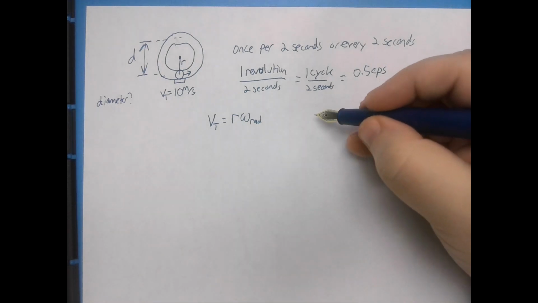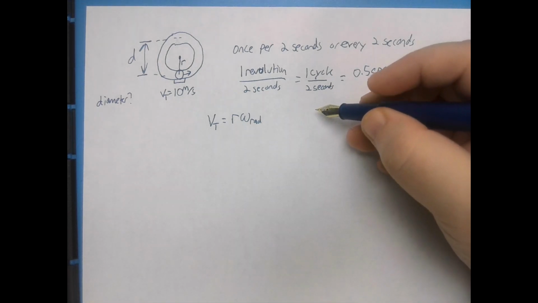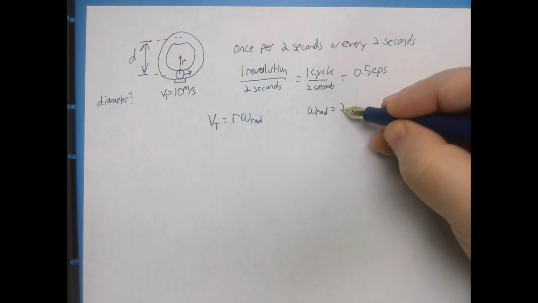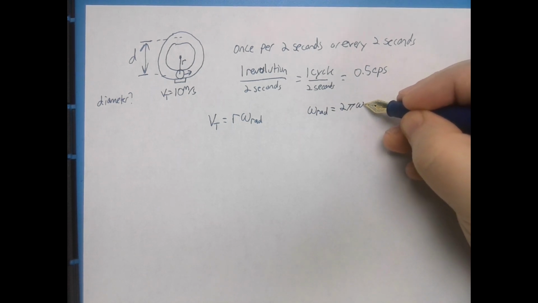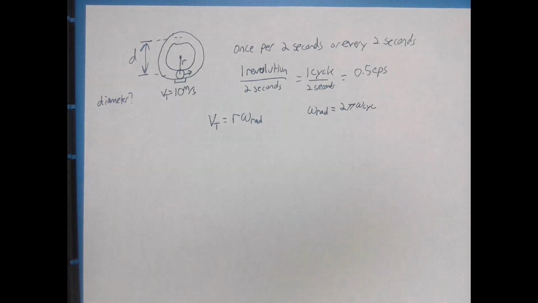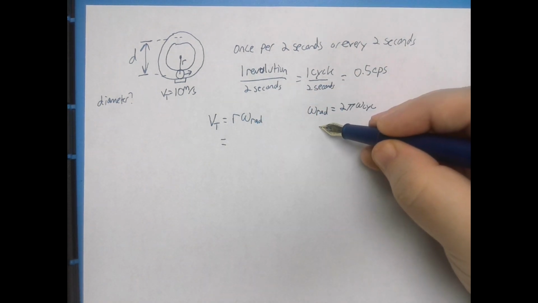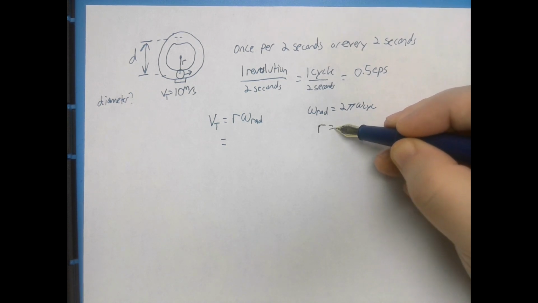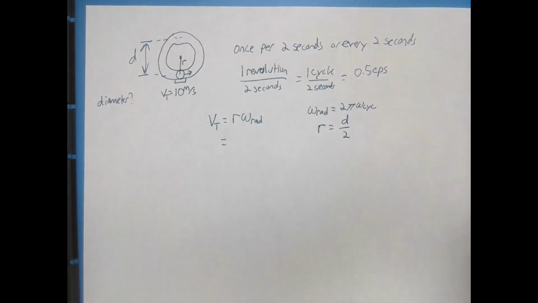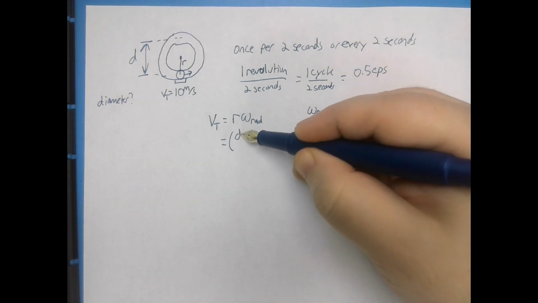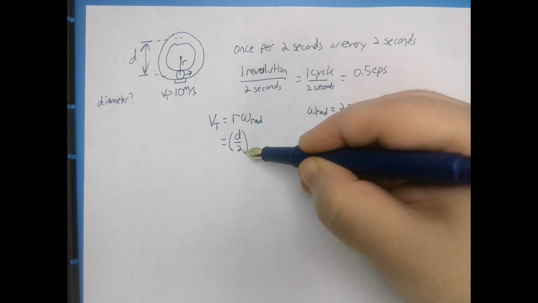Well, we know that omega in radians is just equal to 2 pi times omega in cycles per second. And we know that radius is just half the diameter. So we can replace the radius with d over 2.